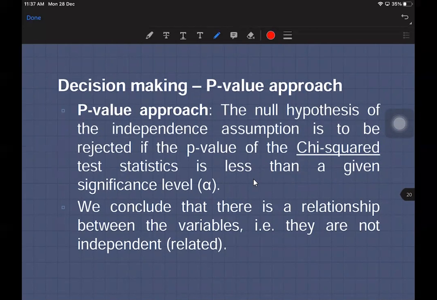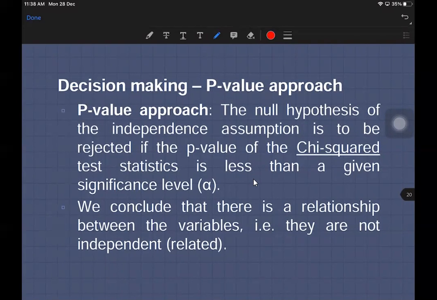But if your p-value is less than your significance level alpha, meaning alpha is greater than your p-value, your decision will be reject the null hypothesis. By rejecting the null hypothesis, your conclusion will be there is a relationship between the two variables. If you do not reject the null hypothesis, your conclusion will be there is no relationship between the two variables.